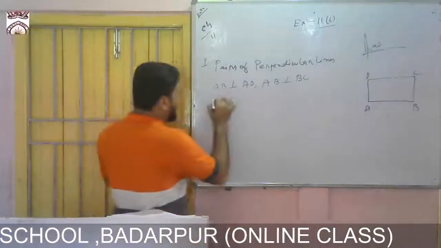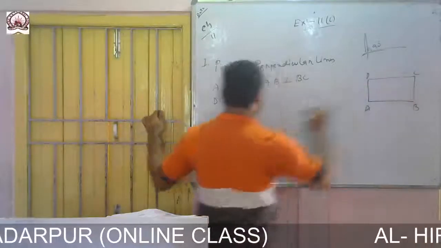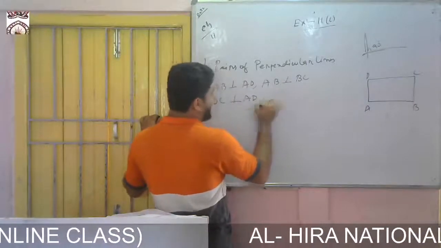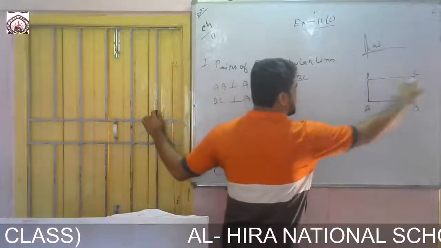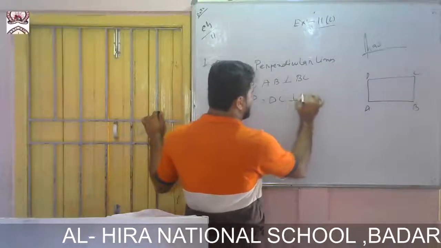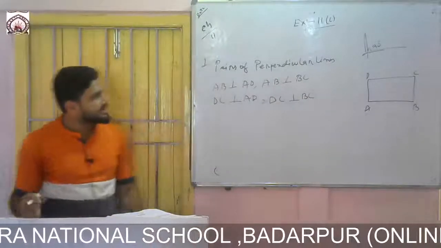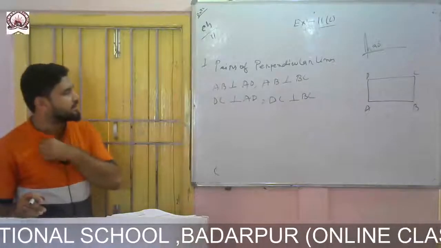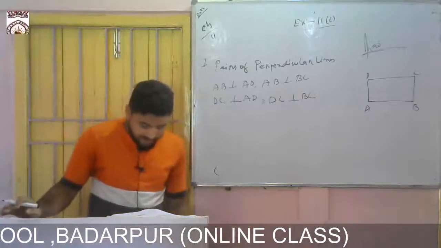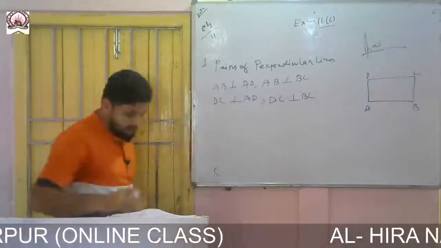This DC line is perpendicular to AD, and again this DC line is perpendicular to BC. Sorry, these are the perpendicular lines.